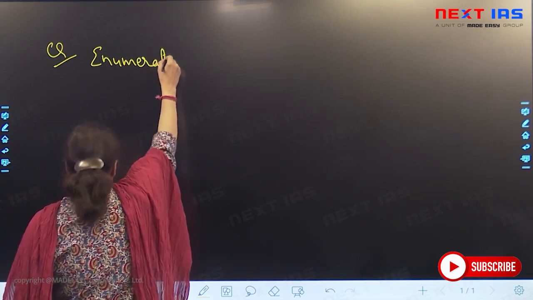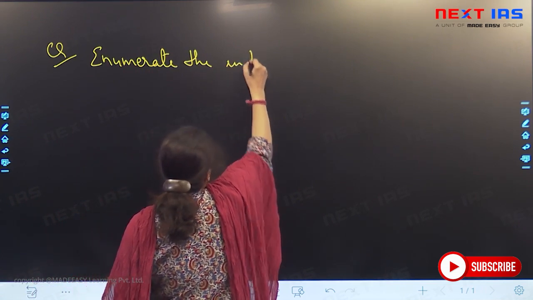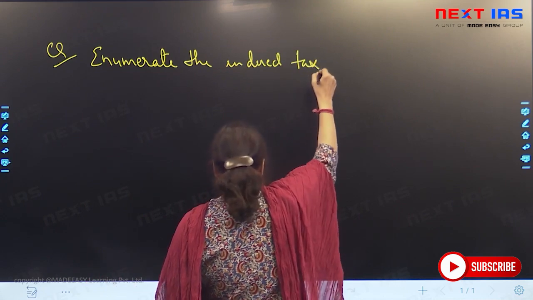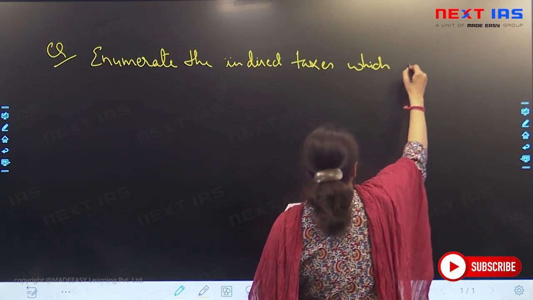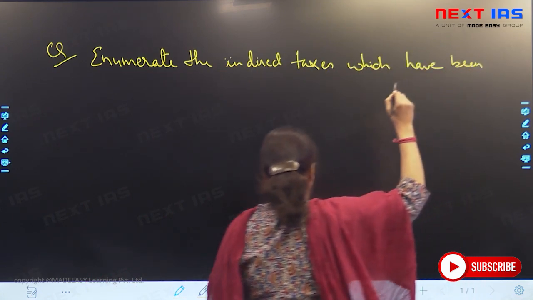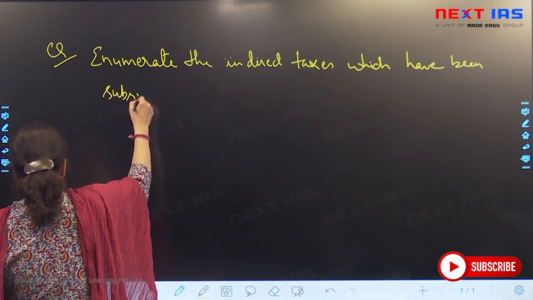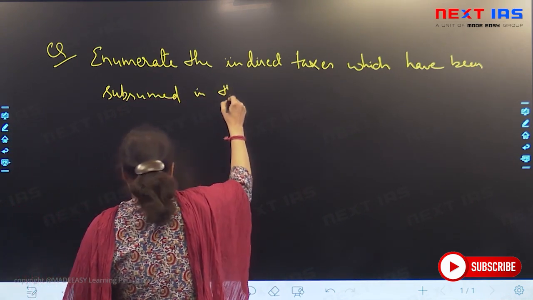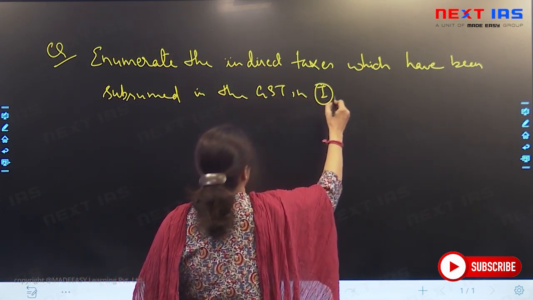Enumerate the indirect taxes which have been subsumed in the GST in India, full stop.